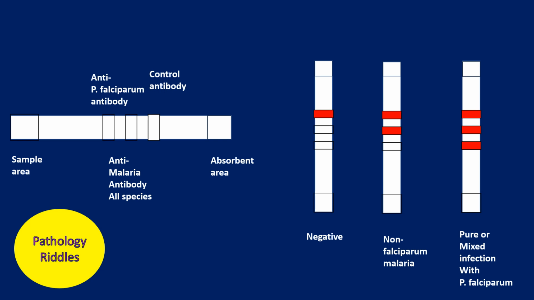The labeled antigen antibody complex moves towards the detection lines containing the capture antibody to parasite antigen by capillary action. The capture antibody that detects Plasmodium falciparum contains anti-histidine-rich protein antibody. The capture antibody that detects all malarial parasites contains anti-parasite lactate dehydrogenase antibody.